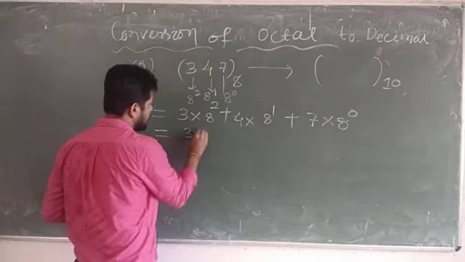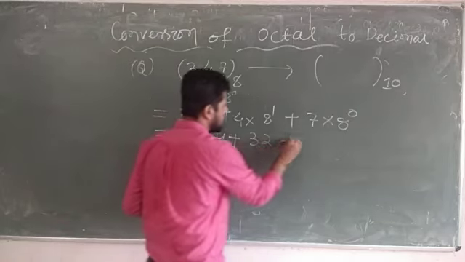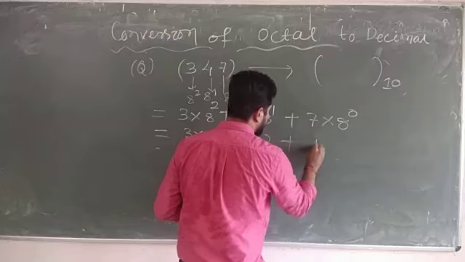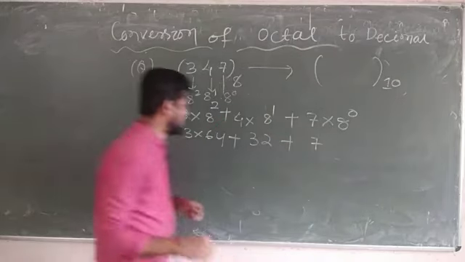So 3 into 64 plus 8 into 4, 32, plus 7 into 8 to the power 0. 8 to the power 0 is 1, so 7 will be the answer.